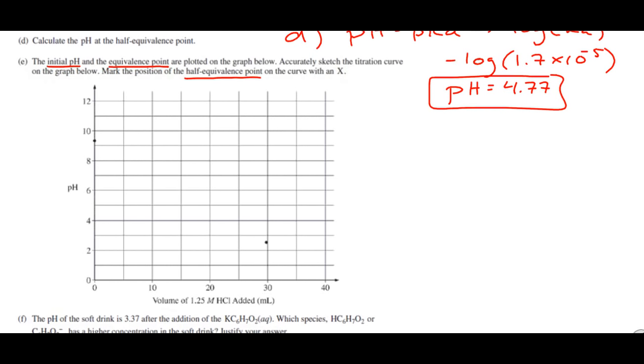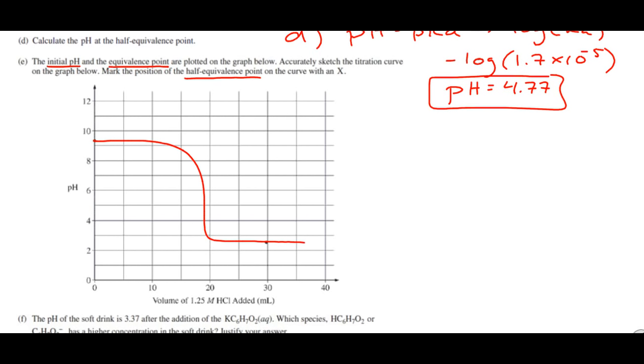An understanding of titration curves is very important on this. First off, they are already giving us an initial amount. It's right here. They gave us that, and they're also giving us the equivalence point, plotted as stated before. If you don't understand titration curves, you might draw it like this.